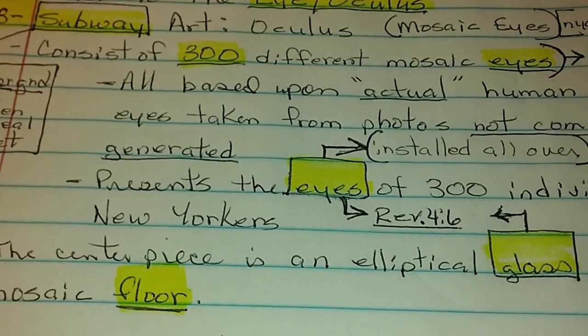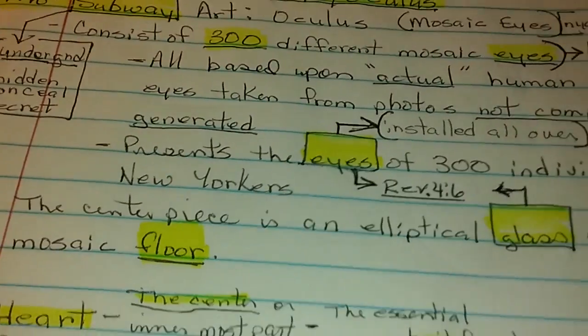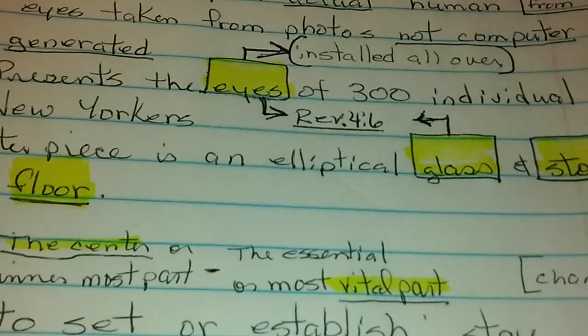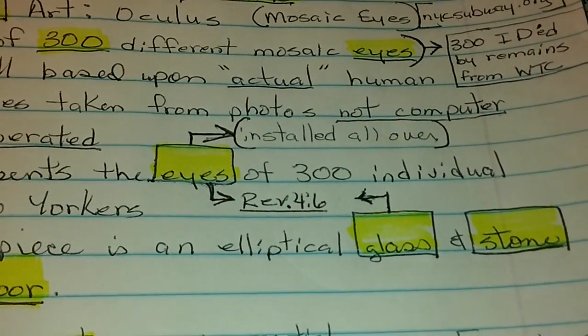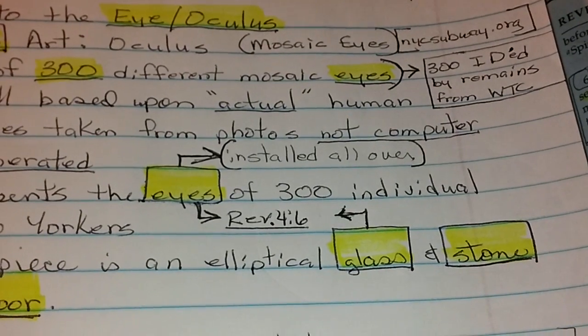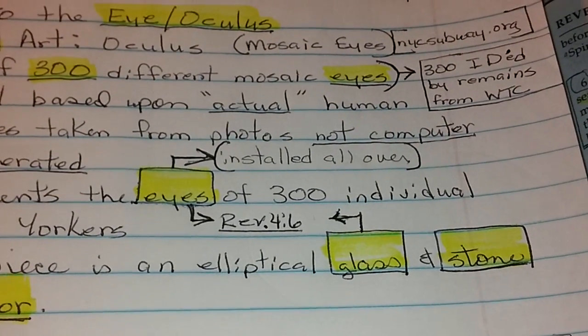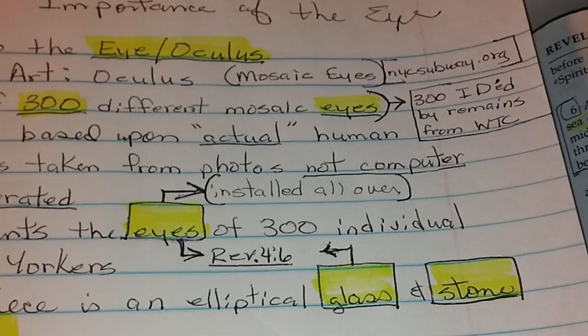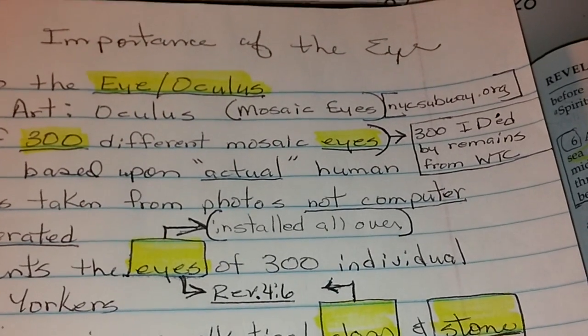All this stuff about the eye is very important in understanding what I have yet to show you. And it's all connected with what Satan has in mind, with the delusion, and with what's to come.